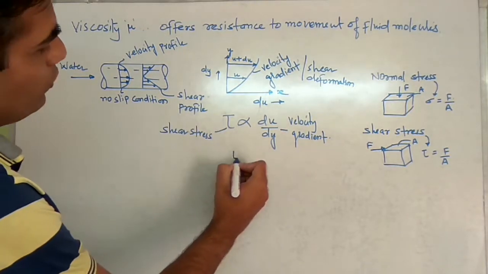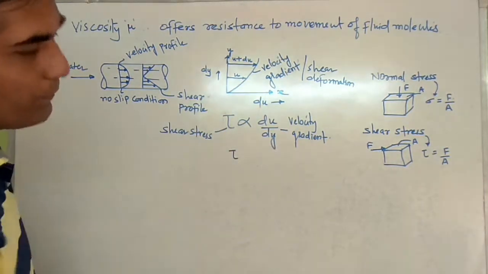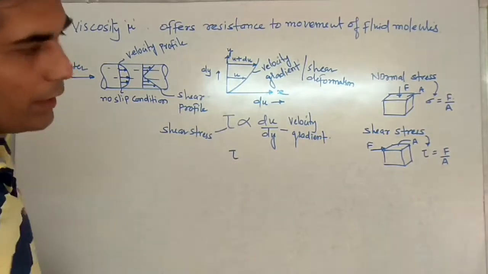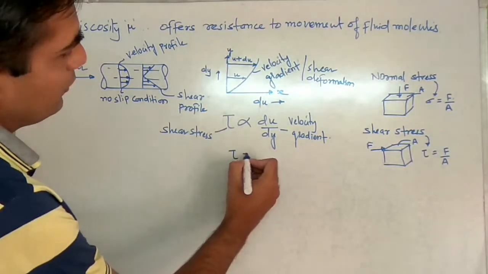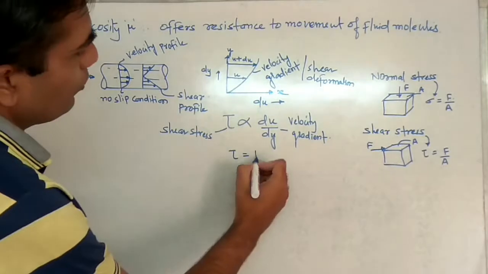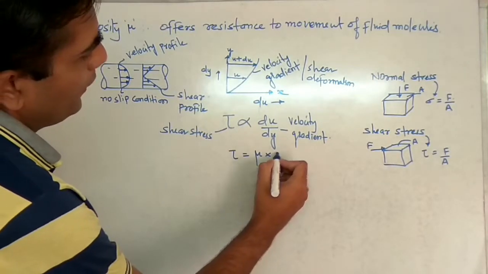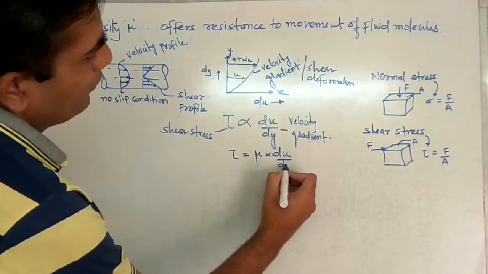So tau, if we remove the proportionality sign, tau is equal to mu multiplied by du by dy.